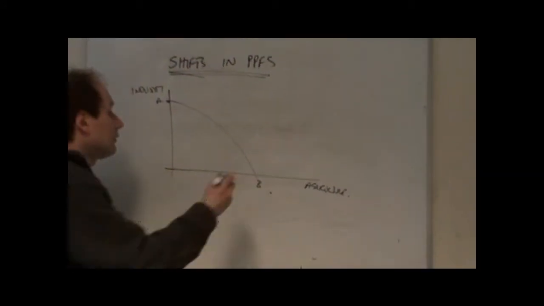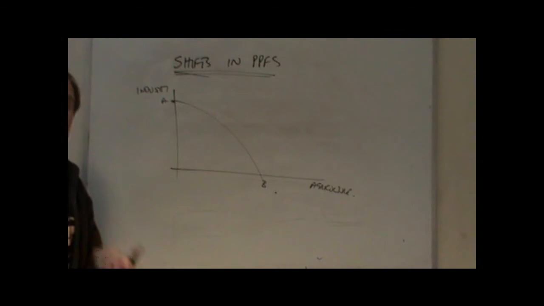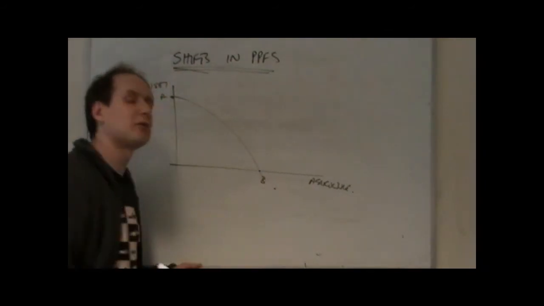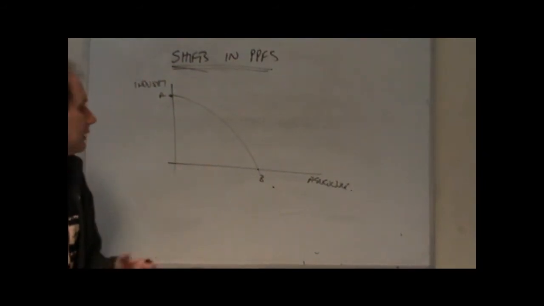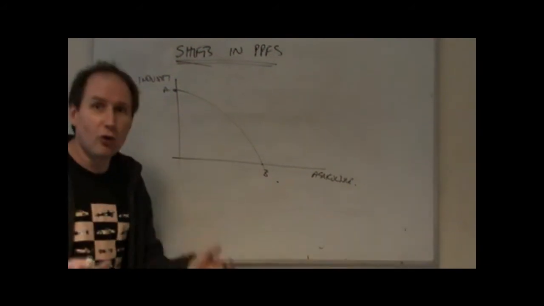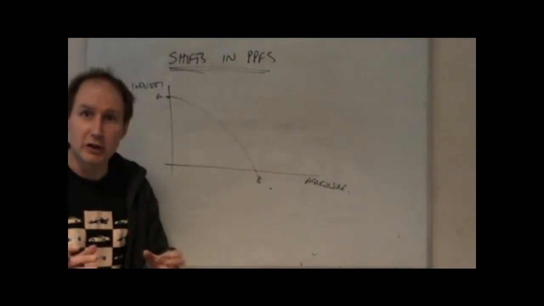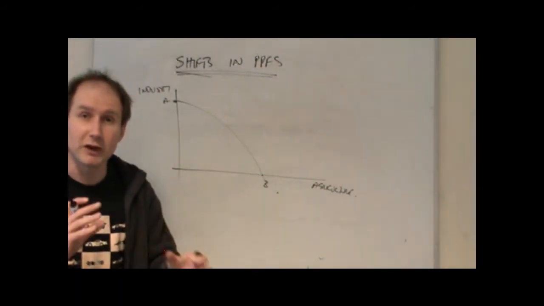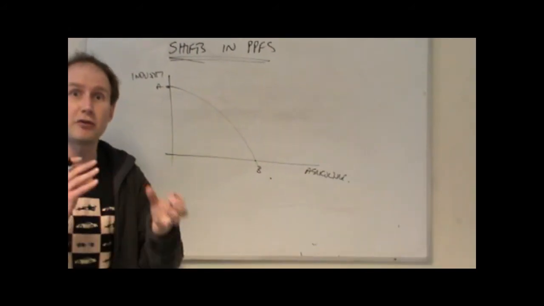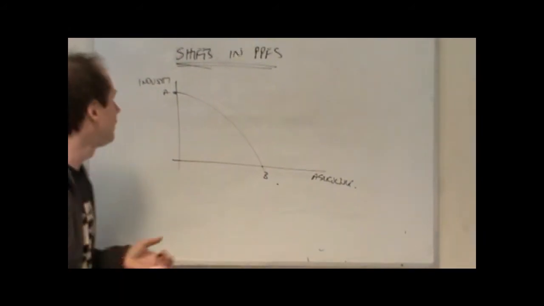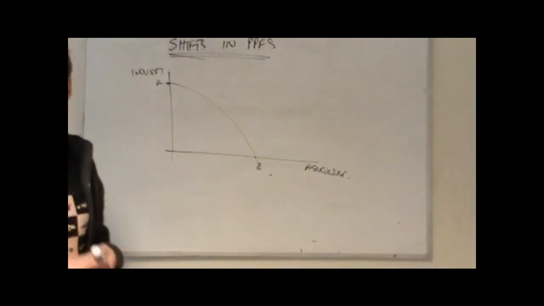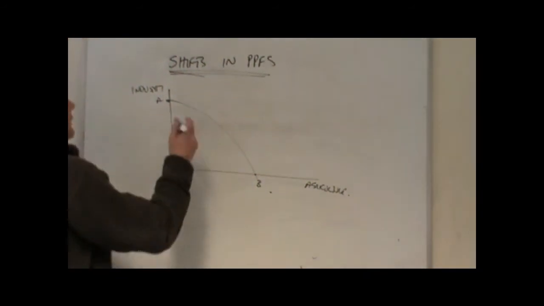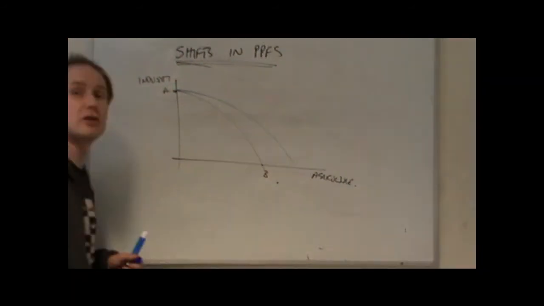An economy operating down here at a point like B obviously is going to be affected much more significantly because all of its resources are in agriculture. So some sort of innovation that's affecting the agricultural sector will have a far greater effect. And therefore what we end up with is a new production possibility frontier that's shifted out like that.